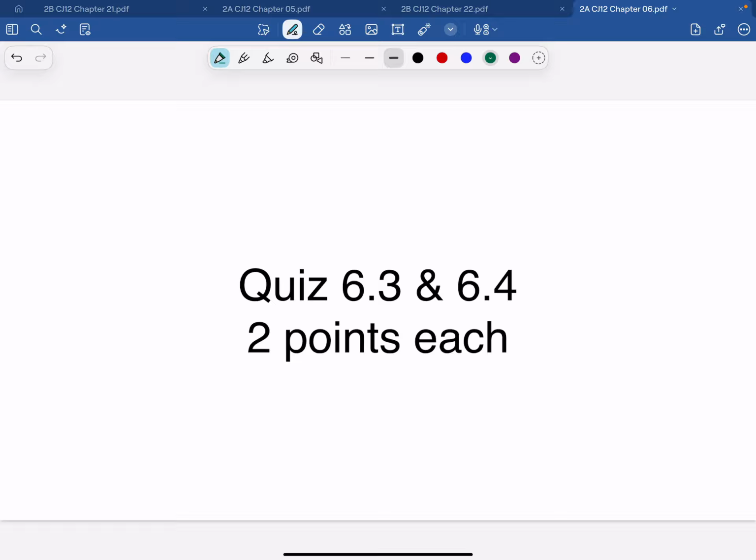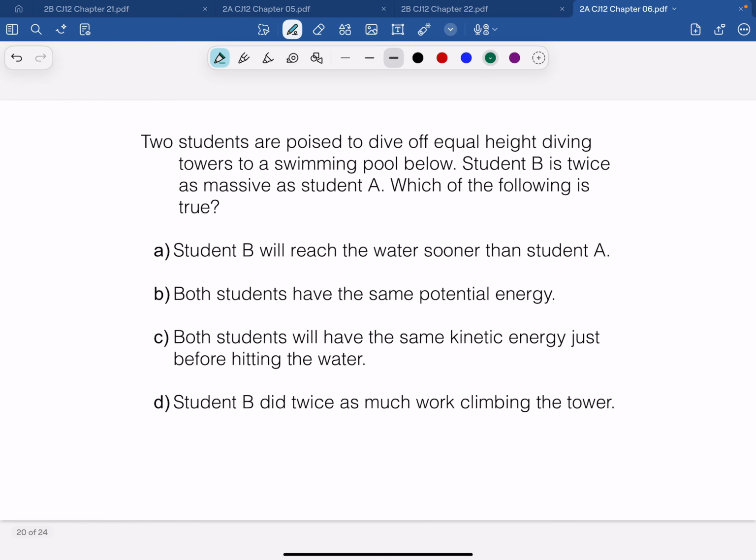It was the 4.1 last time, wasn't it? It was 6.1. Maybe it's 2B that it's been a while since I did it. I don't know. 6.3, 6.4, 2 points. So, not big money this time. This quiz may or may not be based on an actual event. I'll let you decide if I was student A or student B.